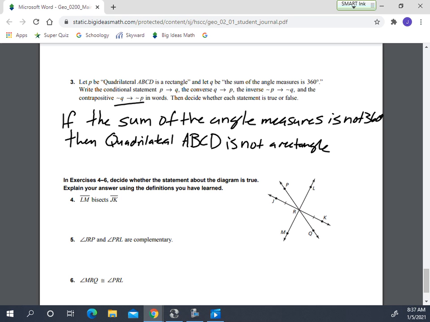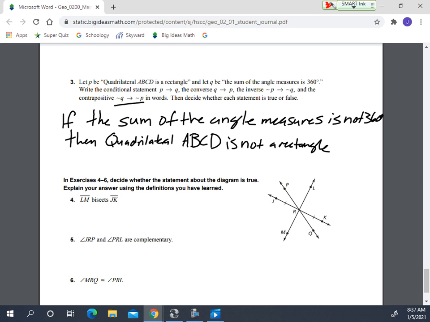True or false? If the sum of the angle measures is not 360 degrees, then quadrilateral ABCD is not a rectangle. True or false? I want you to think about this one. Okay. If the sum of the angle measures is not 360 degrees, then the quadrilateral ABCD is not a rectangle.